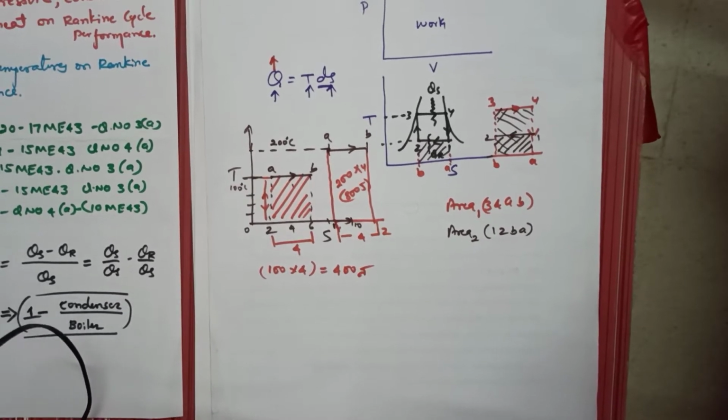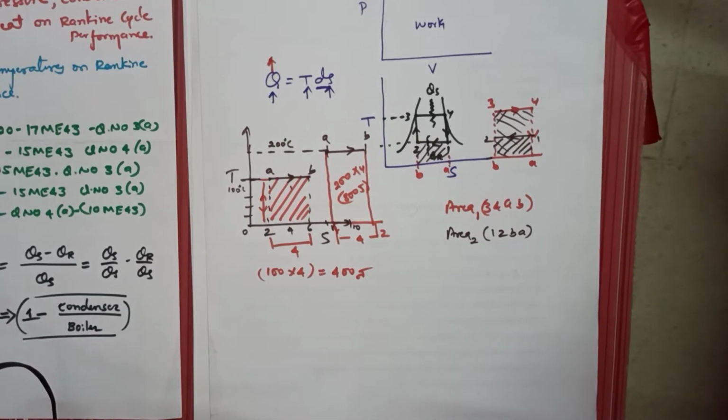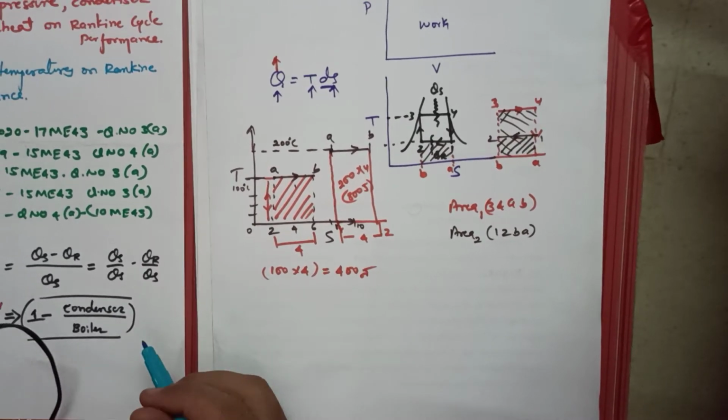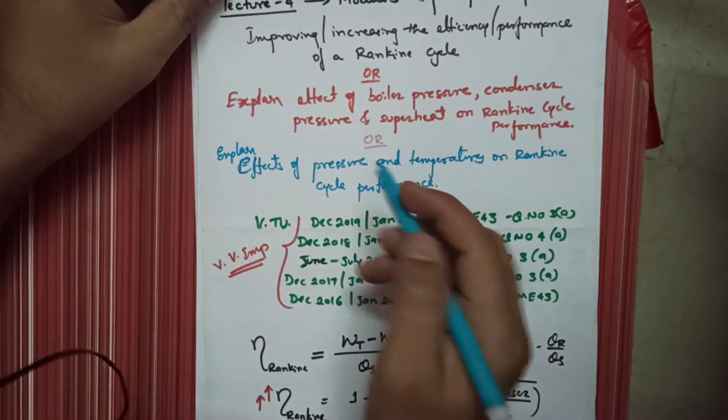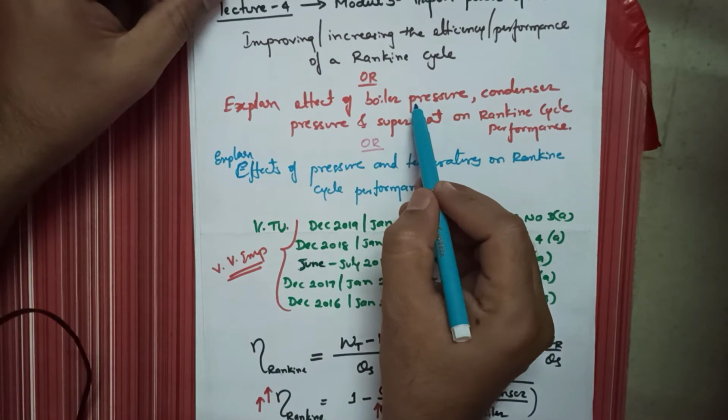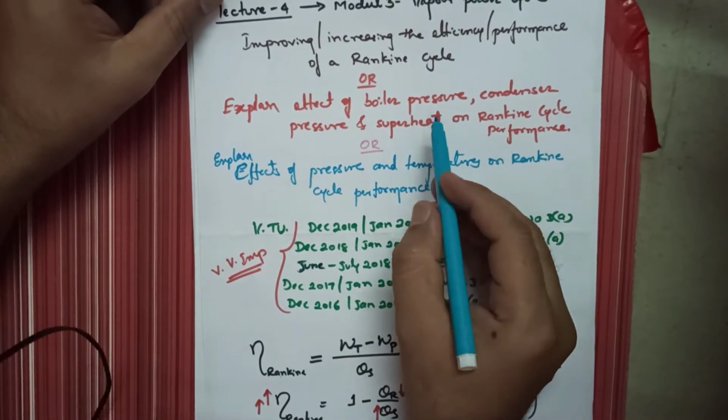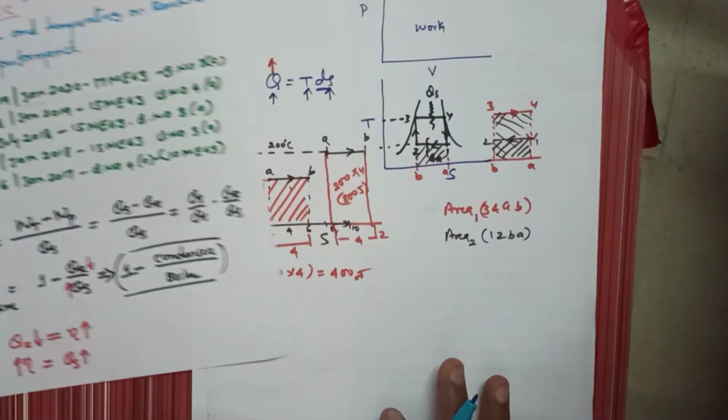So we will discuss the next common topic now. Explain the effect of boiler pressure, condenser pressure and superheater. First we will discuss the superheater.